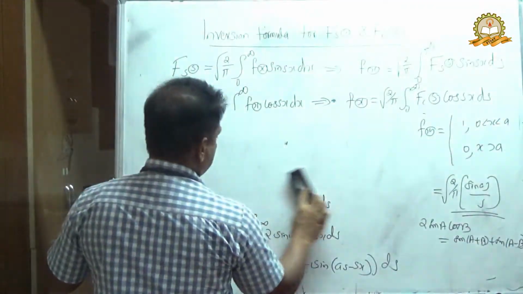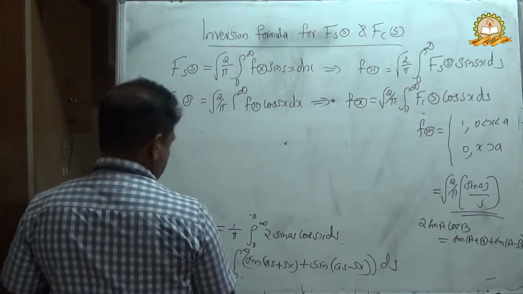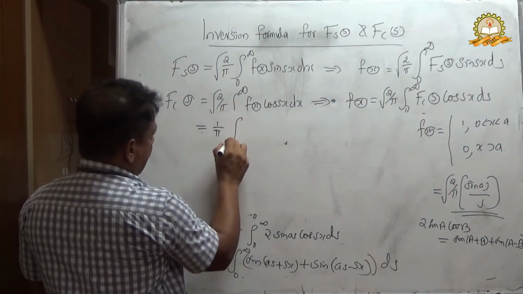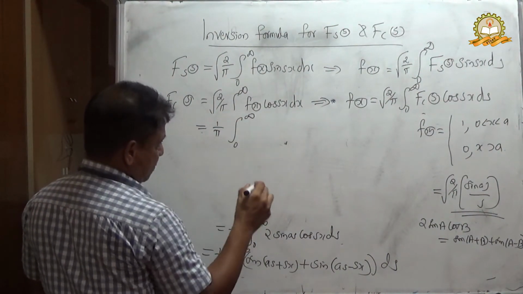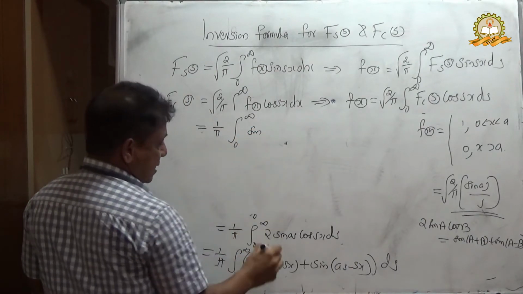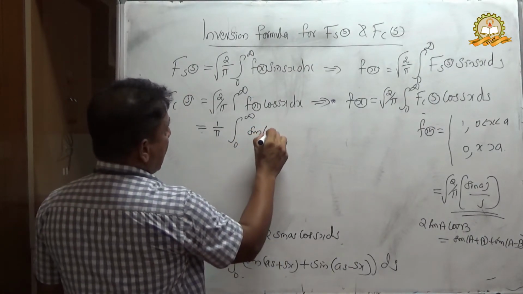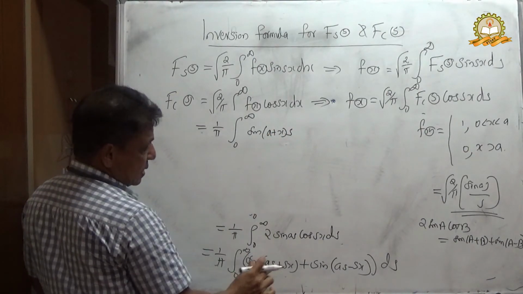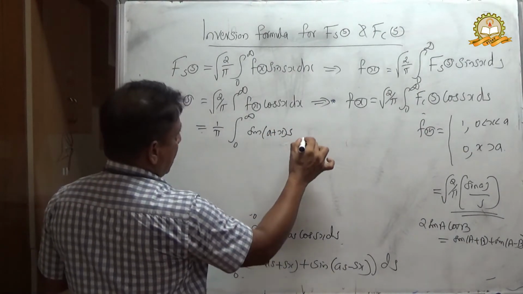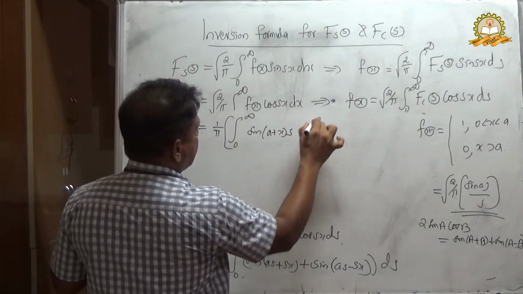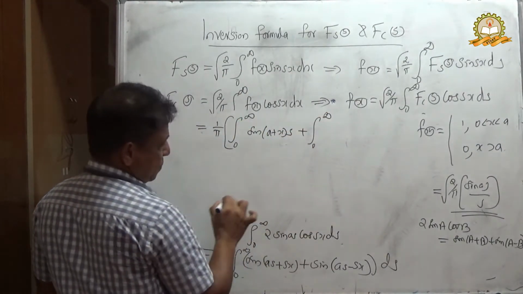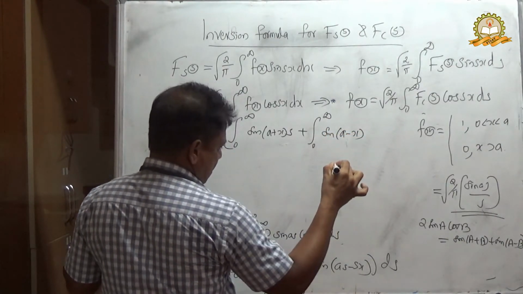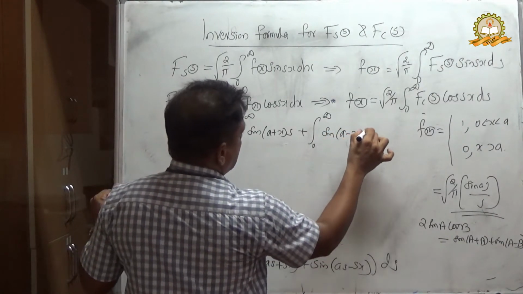For simplification, that is equal to 1 by pi integral 0 to infinity sin (a plus x) s ds plus integral 0 to infinity sin (a minus x) s ds.